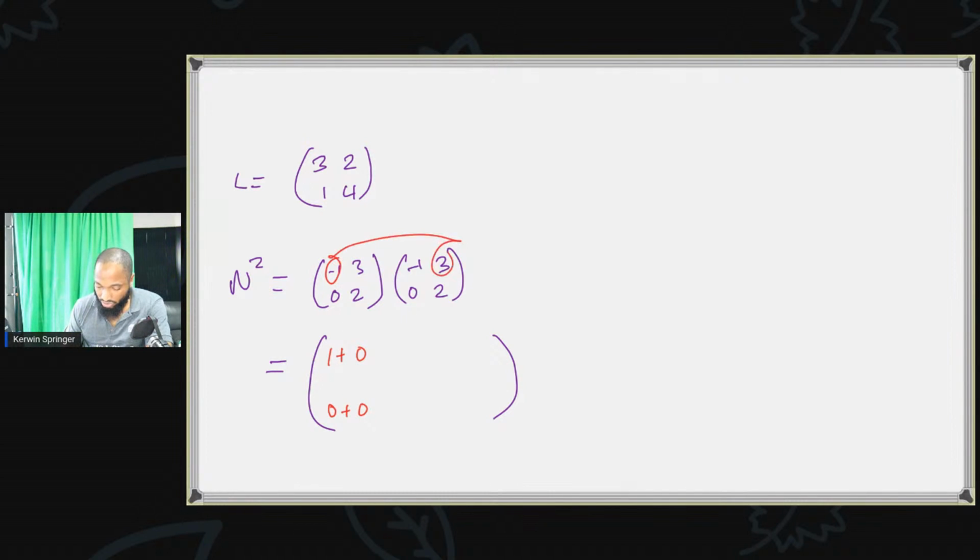Negative 1 by 3 is negative 3, and 3 by 2 is 6. Anybody get the answers yet? 0 by 3 is 0, and 2 by 2 is 4.